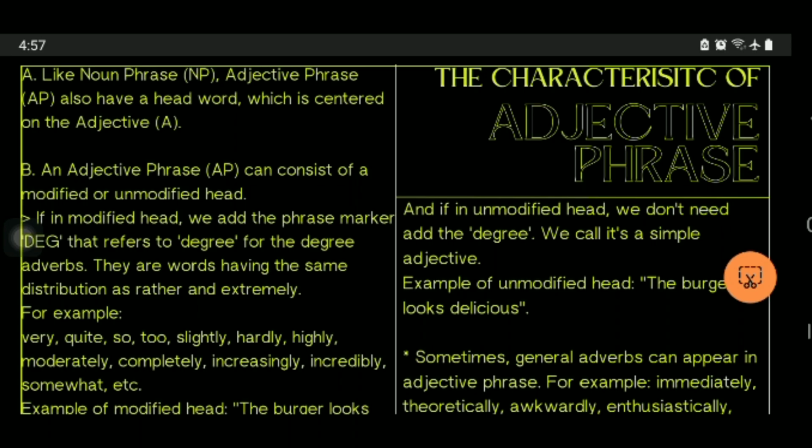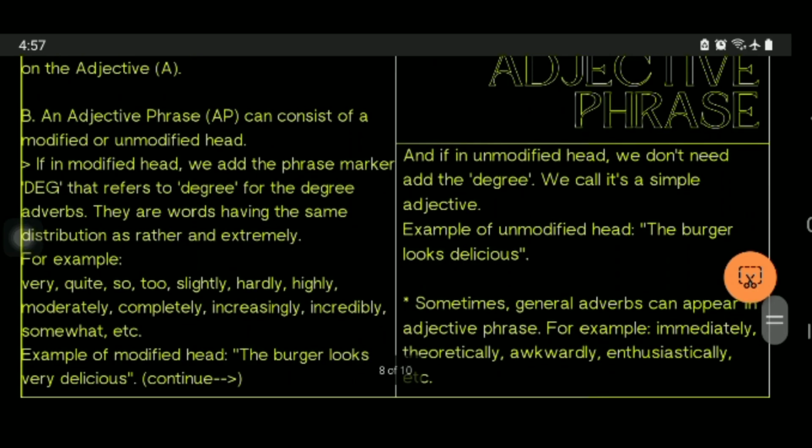Then, in a modified head, we add the phrase marker tag or Deg that refers to degree adverbs. There are words having the same distribution as rather and extremely. For example, there are very, quite, so, too, slightly, hardly, highly, moderately, completely, increasingly, incredibly, somewhat, and etc.